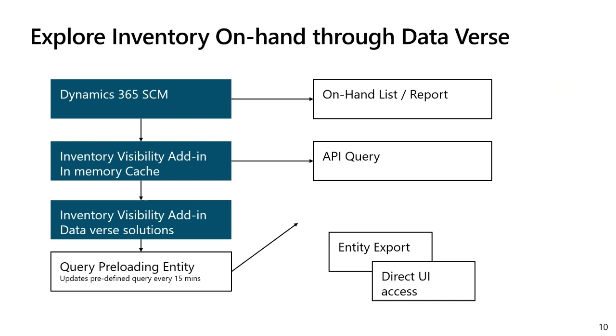And we have the sales procurement managers and inventory managers who wish to do an entity export for offline analysis. And we have the business analysts who would want to make fancy visualizations with Power BI. With a query preloading entity, it is all possible.